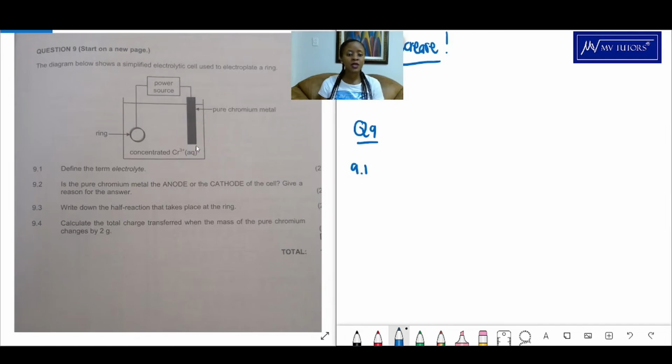Now when it says electrolyte, it's talking about the solution. So what is an electrolyte? Basically, it is a solution consisting of ions. The solution is not just plain water or anything. It's a solution consisting of ions, and those ions are capable of conducting electricity.